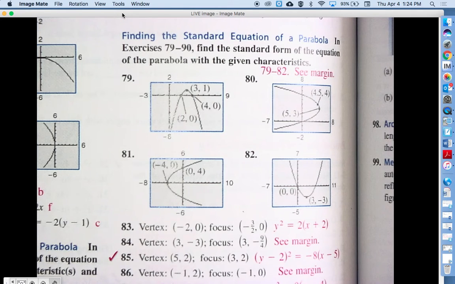And Brandon said that the p, that we need to make sure when we get our end equation, is negative since it's going down. So we plug in all our information. X is 4, h is 3. We have this 4p. We don't have anything to plug in for that. Y is 0, and k would be a 1.